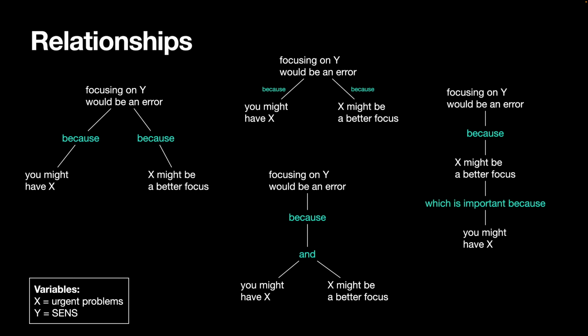So next we need to think about the relationships. These are a really important part of paragraph trees that we didn't see in sentence trees. So a very common basic relationship is because. We have this conclusion because of this child node. I did the tree 4 different ways to show you different ways you could organize something.